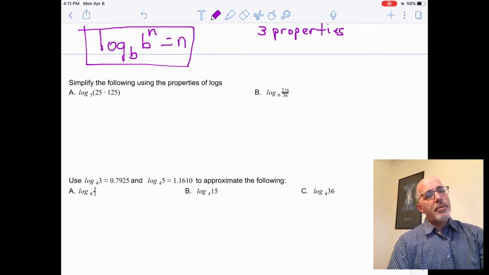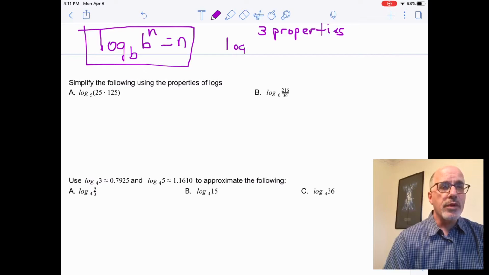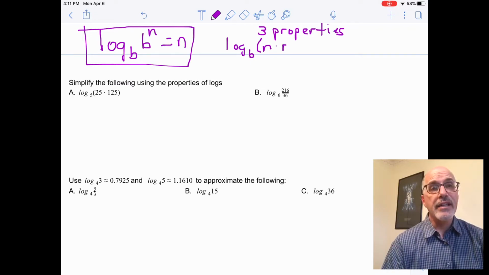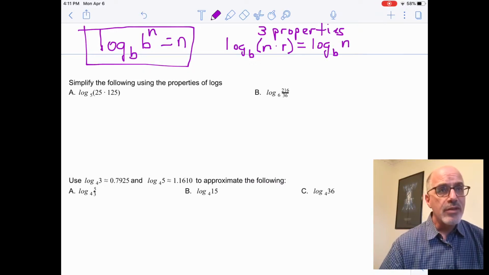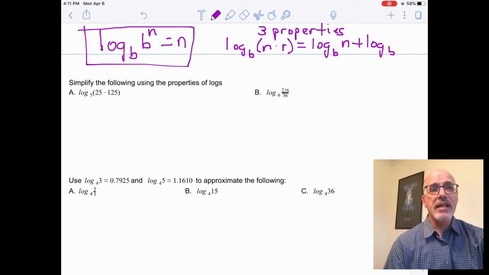So the three properties that we developed in the last lesson were based on the rules for exponents. If we've got log base b of n times r, we can separate those two into two logarithms and make it log base b of n added to log base b of r.